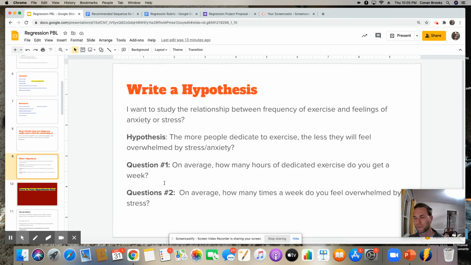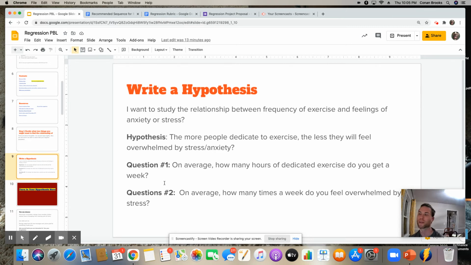So your 2 things you decide on. Hey, I want to look at the relationship between exercise and stress. That's good. So your hypothesis has to be explaining the way those two things interact. Okay. So the two questions might be, on average, how many hours of dedicated exercise do you get a week? And then you're going to ask the second question, on average, how many times a week do you feel overwhelmed by stress?